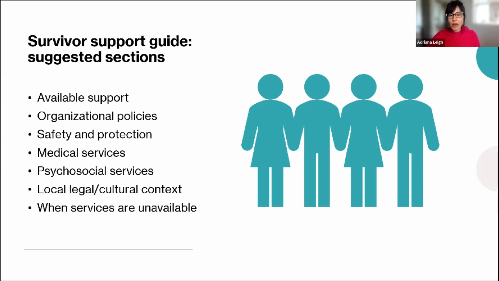And then there's also a really important section that you should be including about the local, legal, and cultural context. Because we know that sexual violence is going to be defined differently, understood differently, and reacted to differently in different contexts, it's important to have done some research about the legal system and the definitions of key terms for your guide and include them for each country of operation.